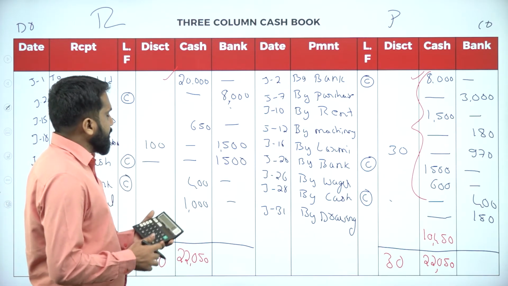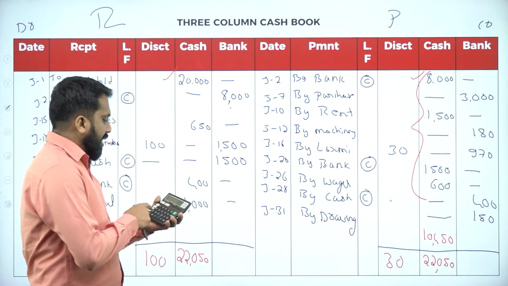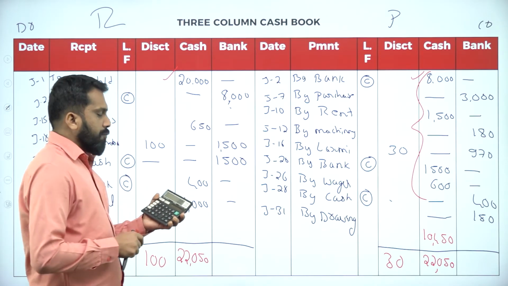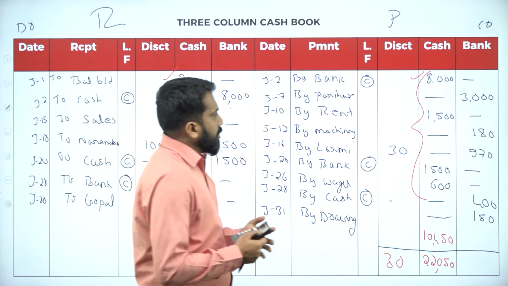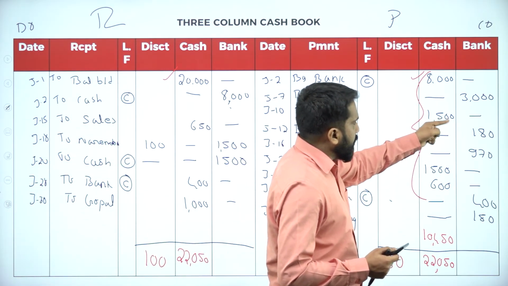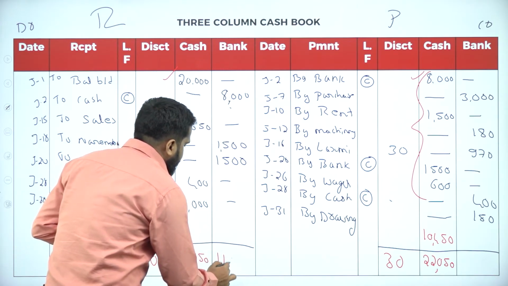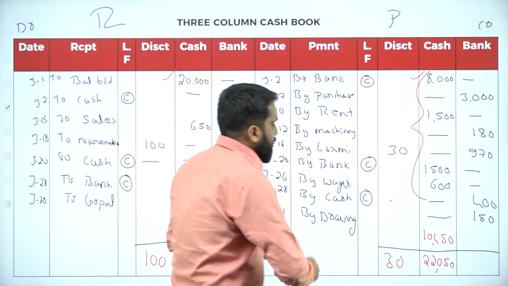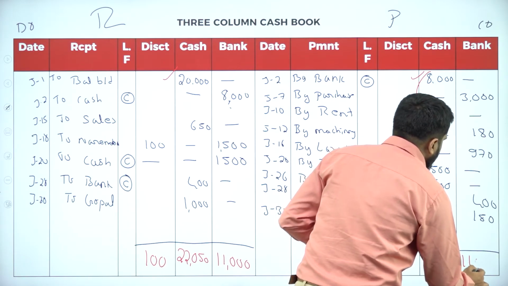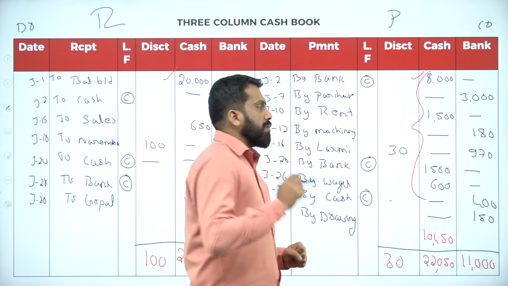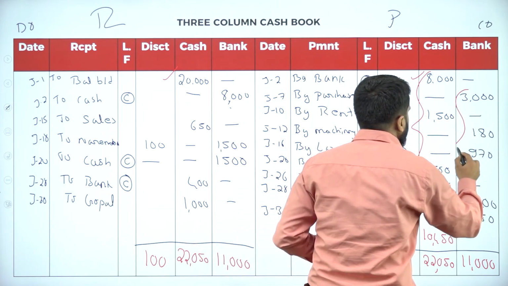Now add this. We have 8,000 plus 1,500 plus 1,500. We have 11,000. Do we have 11,000 on the other side? No, you don't have. So write 11,000 here. Same answer, copy paste 11,000. From 11,000 what should we do?